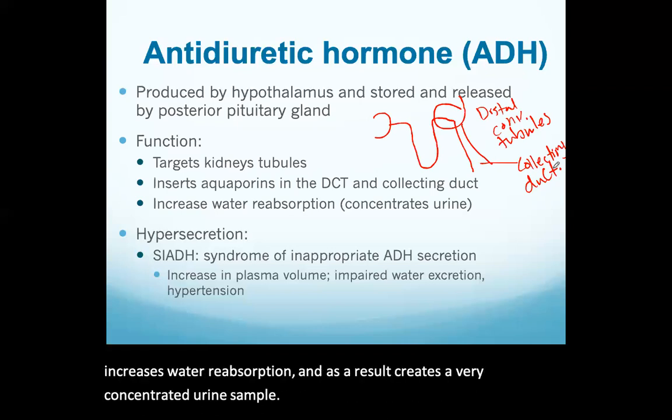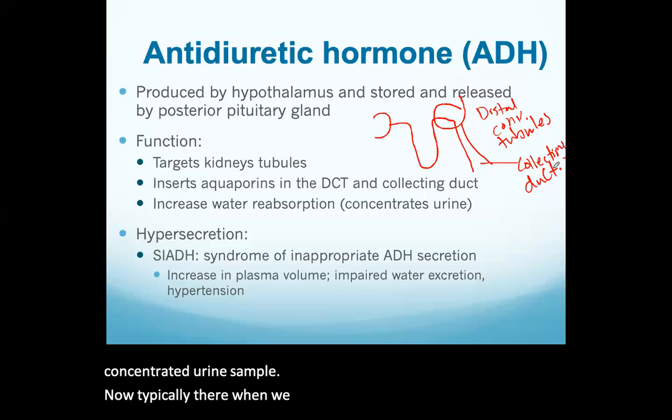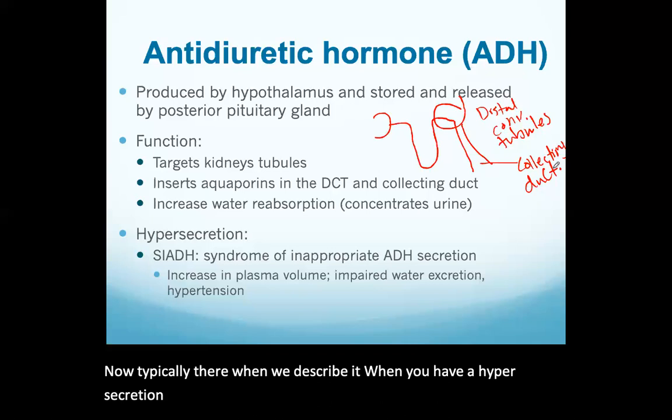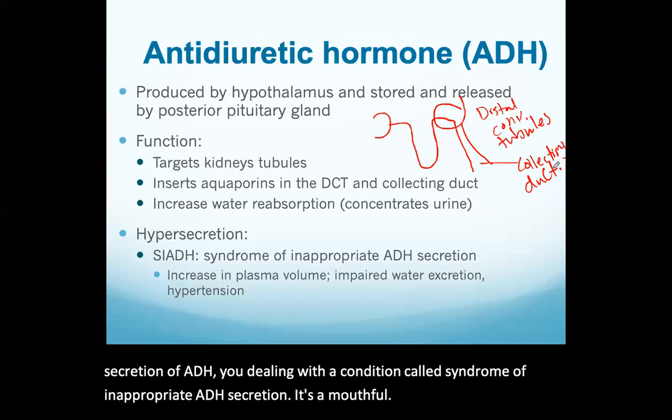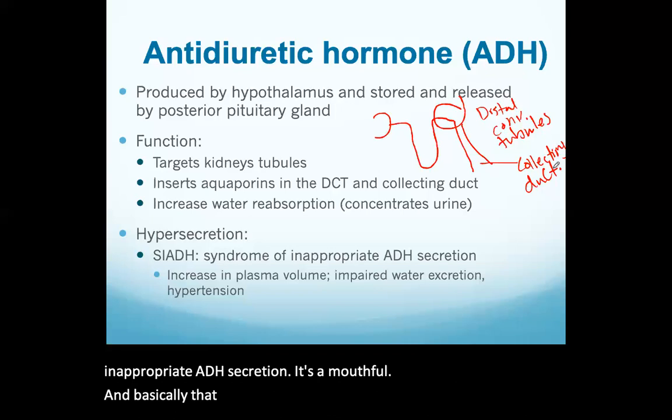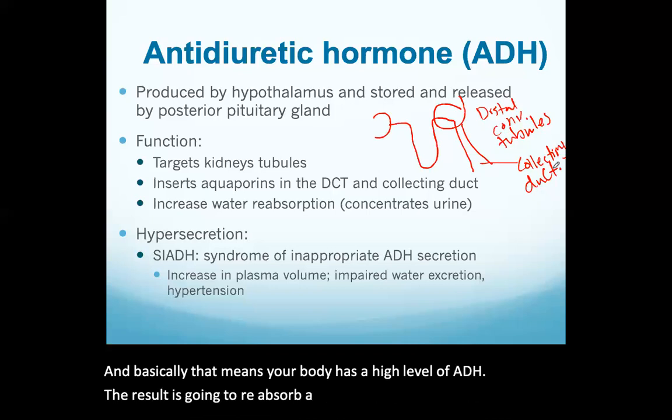Now, when you have a hypersecretion of ADH, you're dealing with a condition called syndrome of inappropriate ADH secretion. It's a mouthful. Basically that means your body has a high level of ADH, and as a result is going to reabsorb a significantly higher level of water from your renal tubules.